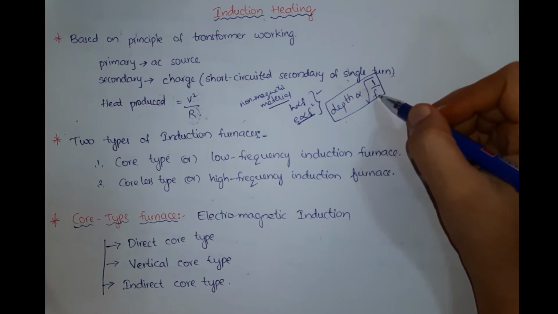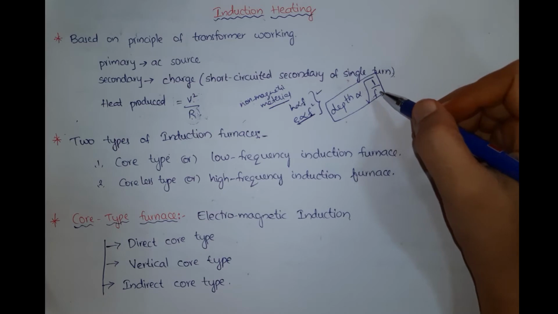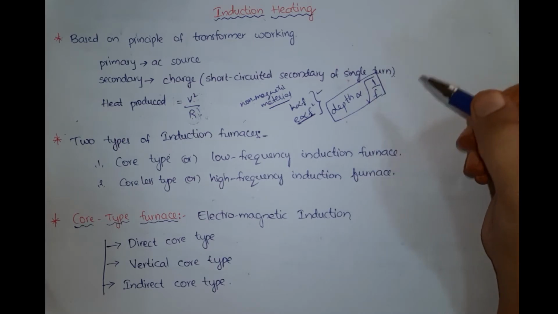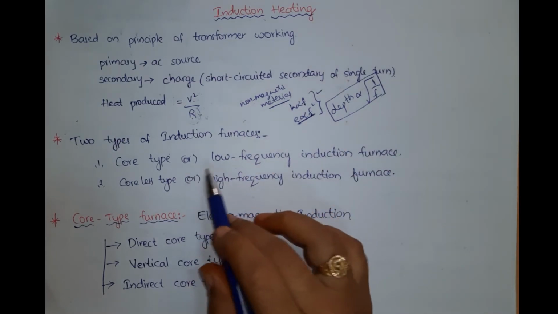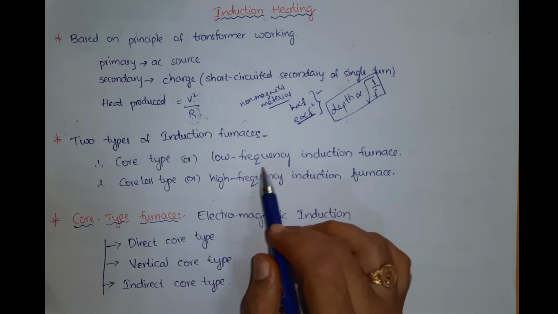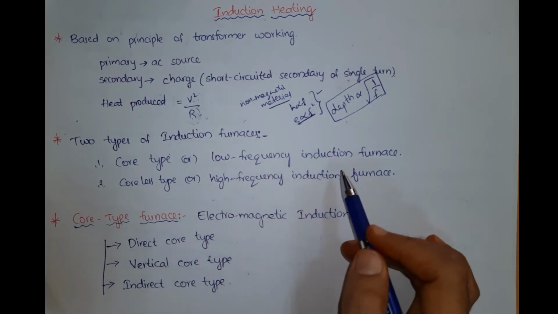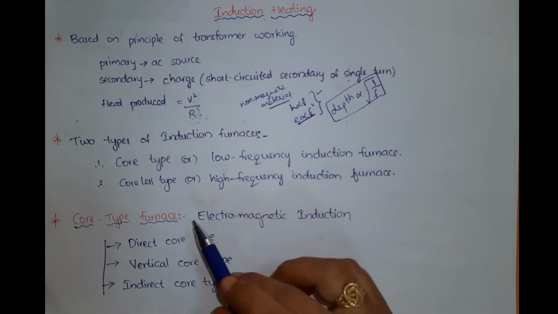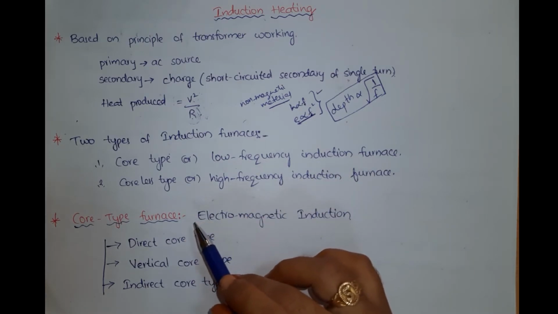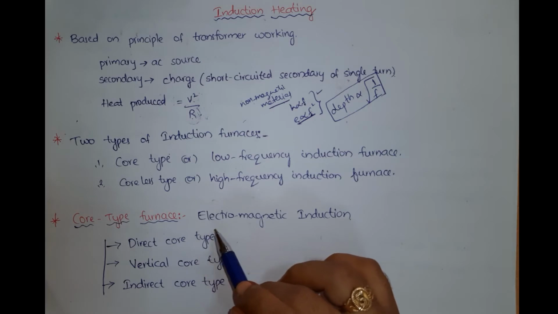So now coming to the different types of induction furnaces, there are basically two types of induction furnaces. They are core type or low frequency induction furnace, as well as coreless type or high frequency induction furnaces, right? So now coming to core type induction furnace.